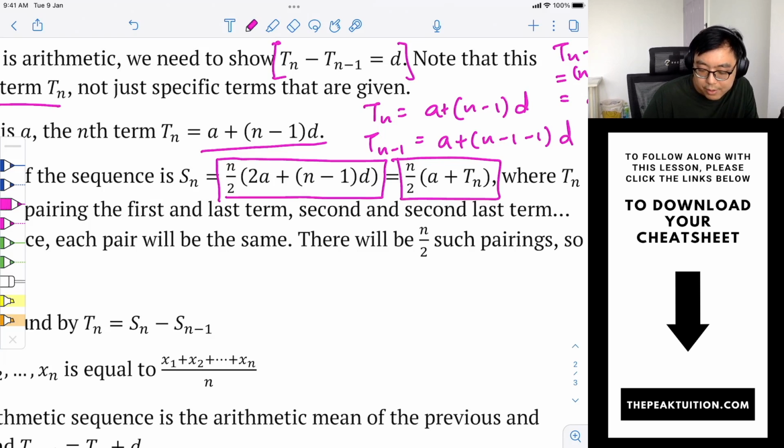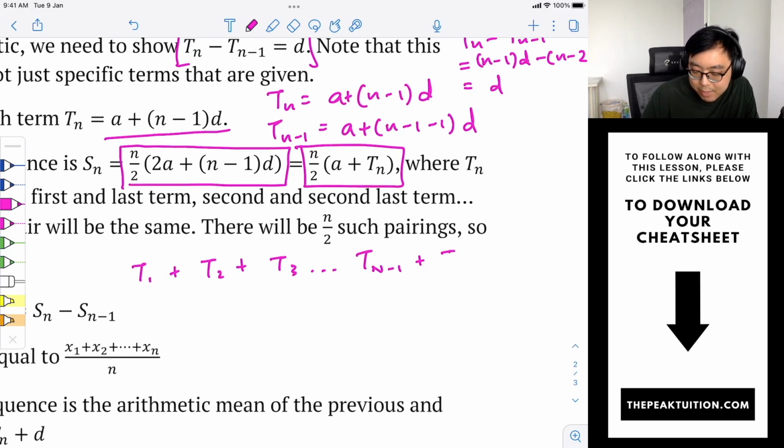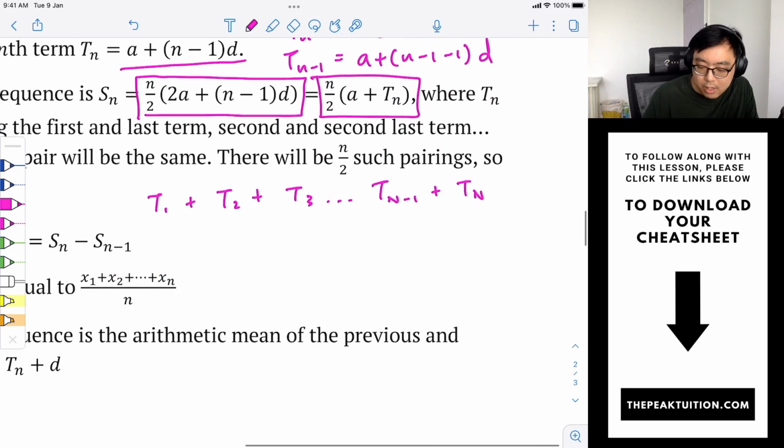So we have t1 plus t2 plus t3, so on and so forth, until tn minus 1 plus tn. We notice that from here to here is plus d, from here to here is minus d.